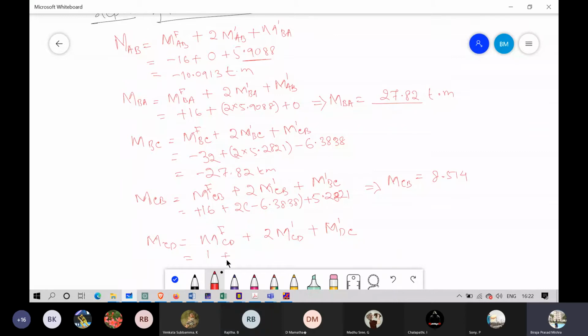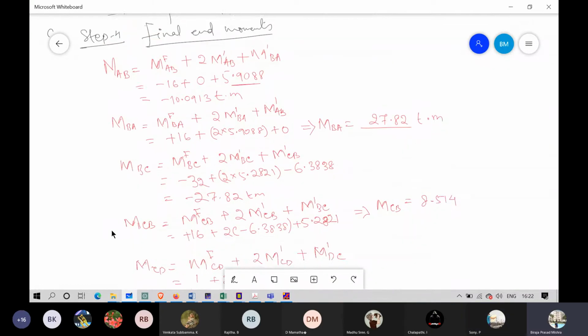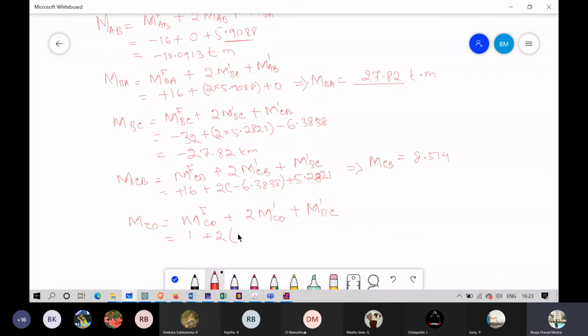Yes, plus twice M dash CD. How much is M dash CD? Here you can see minus 4.7572, and M dash DC is already 0. Please tell me the value for this one. Minus 8.514.